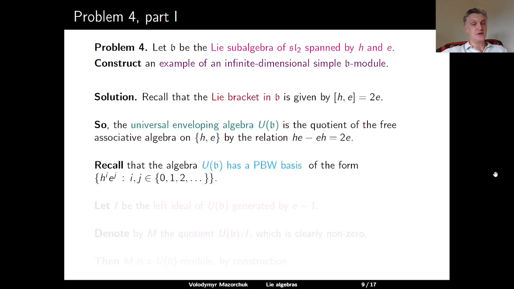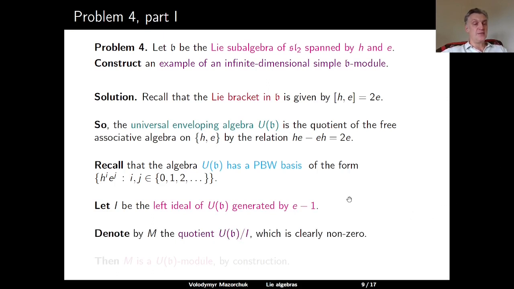Recall that this universal enveloping algebra has a PBW basis, which has the form h to the power i times e to the power j, where i and j are non-negative integers. Let I be the left ideal of the universal enveloping algebra generated by the element e minus 1. Denote by M the quotient of the universal enveloping algebra by this left ideal.